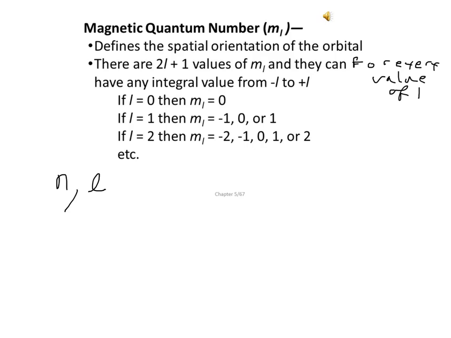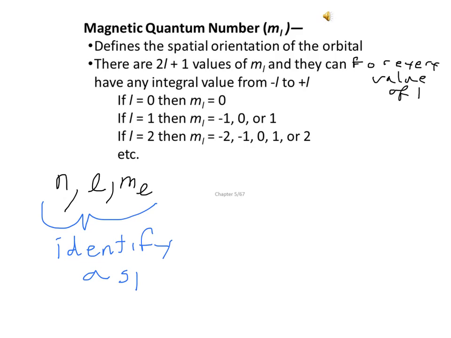Using the principal quantum number, the angular momentum quantum number, and your magnetic quantum number, these 3 numbers together identify a specific orbital.